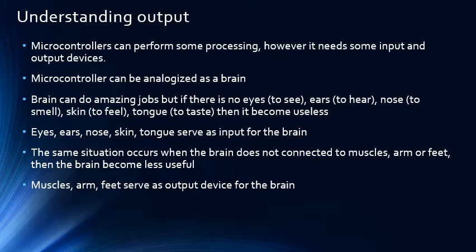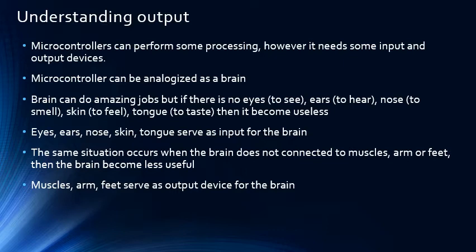By having them connected to muscles, after the brain processes some input, the brain can command the muscles to do some works, like to move the feet, grab something by the hand, or something else.